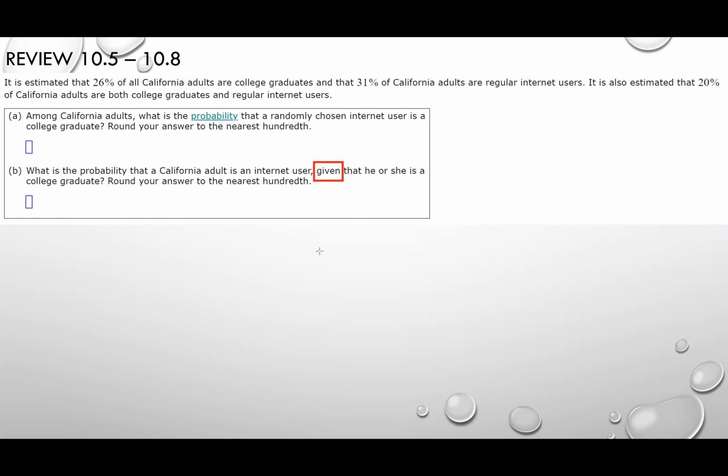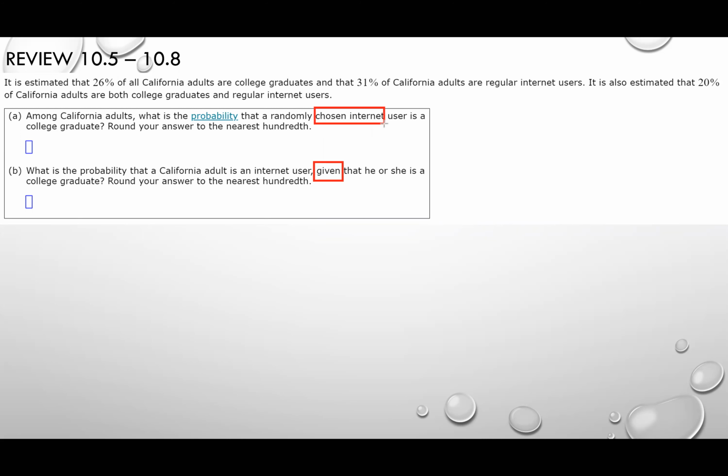And you read it and reread it and reread it. You're like, there is no word given there. But ladies and gentlemen, it is a conditional probability. In the way that they ask you, it is basically: what is the probability of a college student given that they are using the internet? You have to know that we are choosing the item, and the way that they write it, this is the conditional.